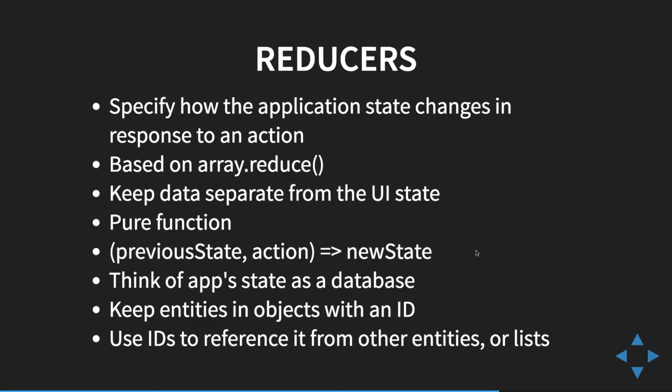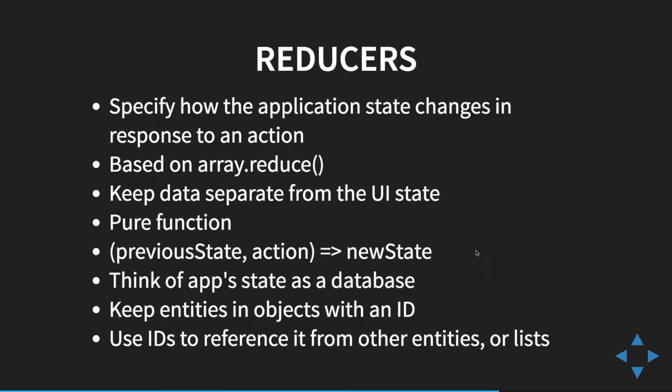So with reducers, they specify how an application state changes in response to an action. They're based on array reduce, so that's where they got their name. They keep the data separate from the UI state. They're a pure function. They take in the previous state and the action, and they output the new state.